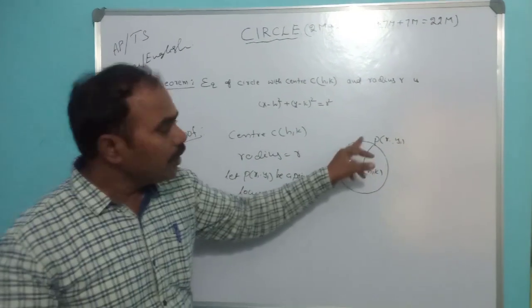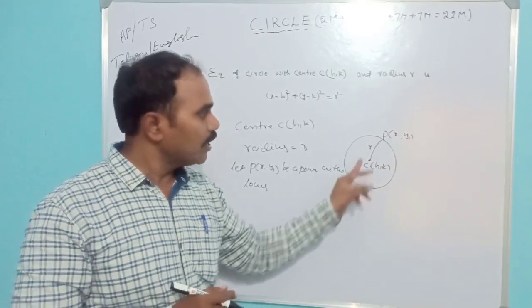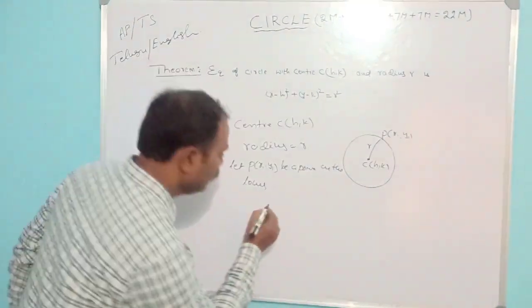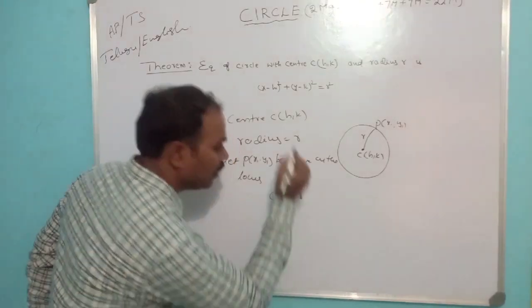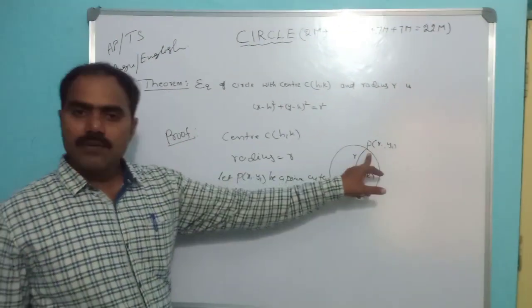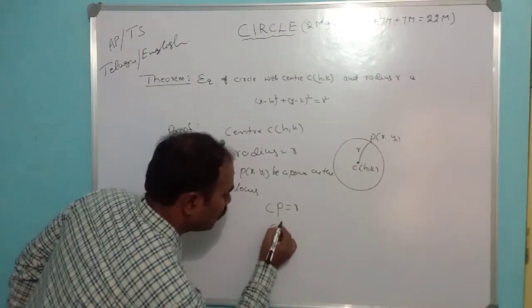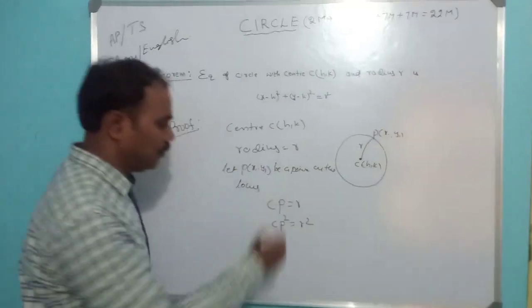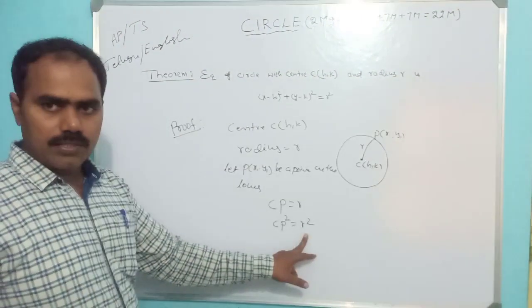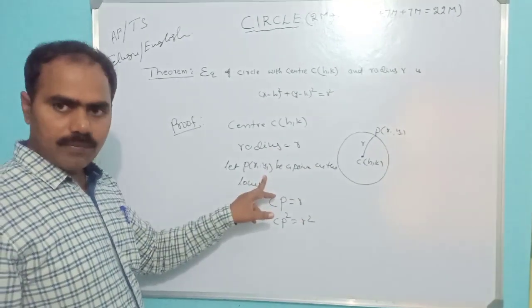The point P, wherever it may be on the circle, always follows the condition CP equals r. This is the condition satisfied by P. On squaring both sides, we get CP square equals r square, where C is (h, k) and P is (x1, y1).